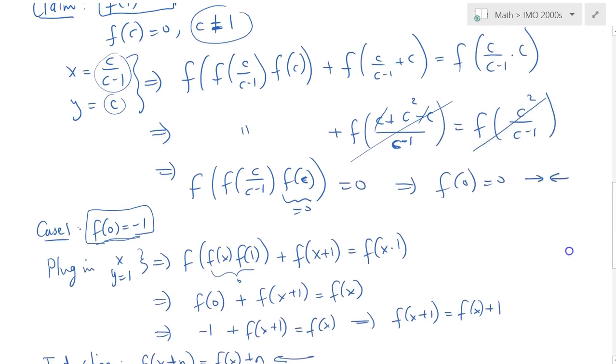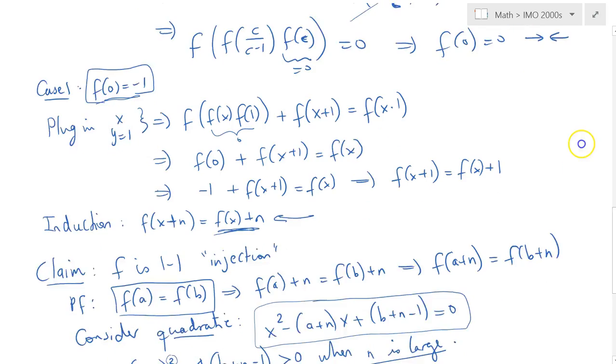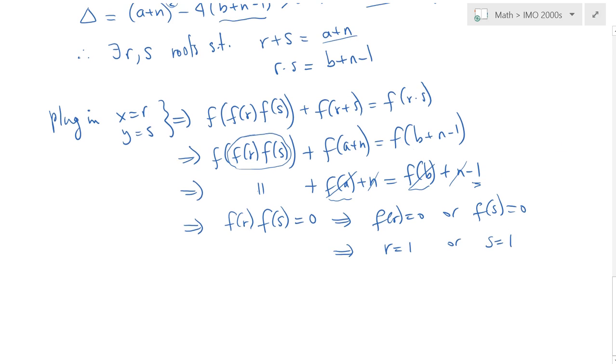And going further up, we recall that the root of the function is 1, implying that either r is equal to 1 or s is equal to 1. In either situation, let's assume without loss of generality that r is equal to 1.